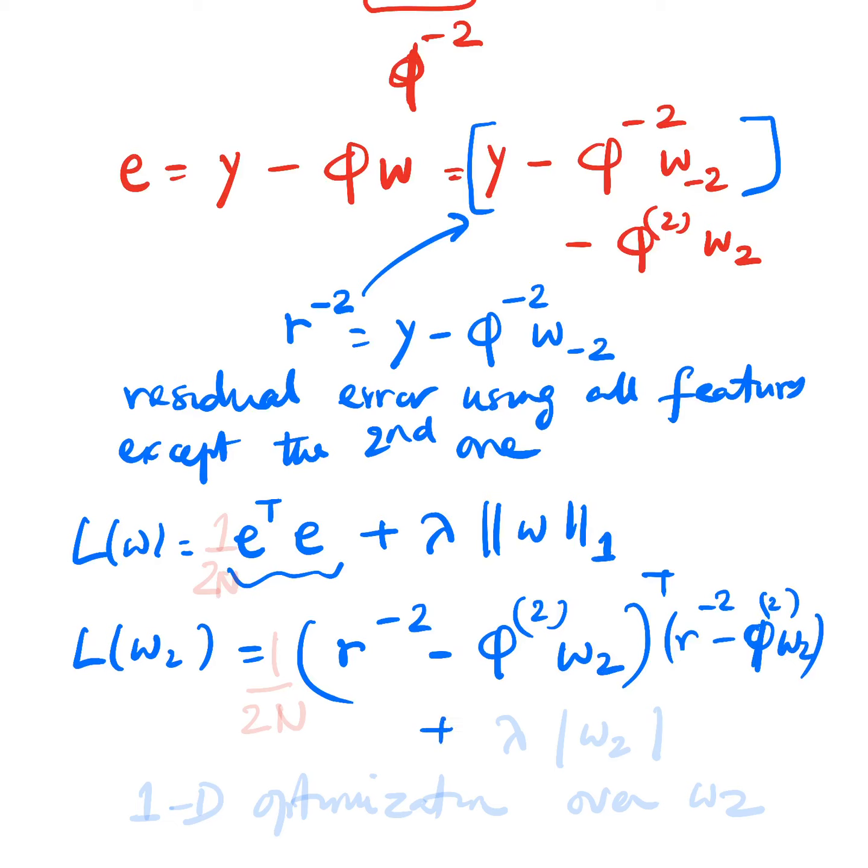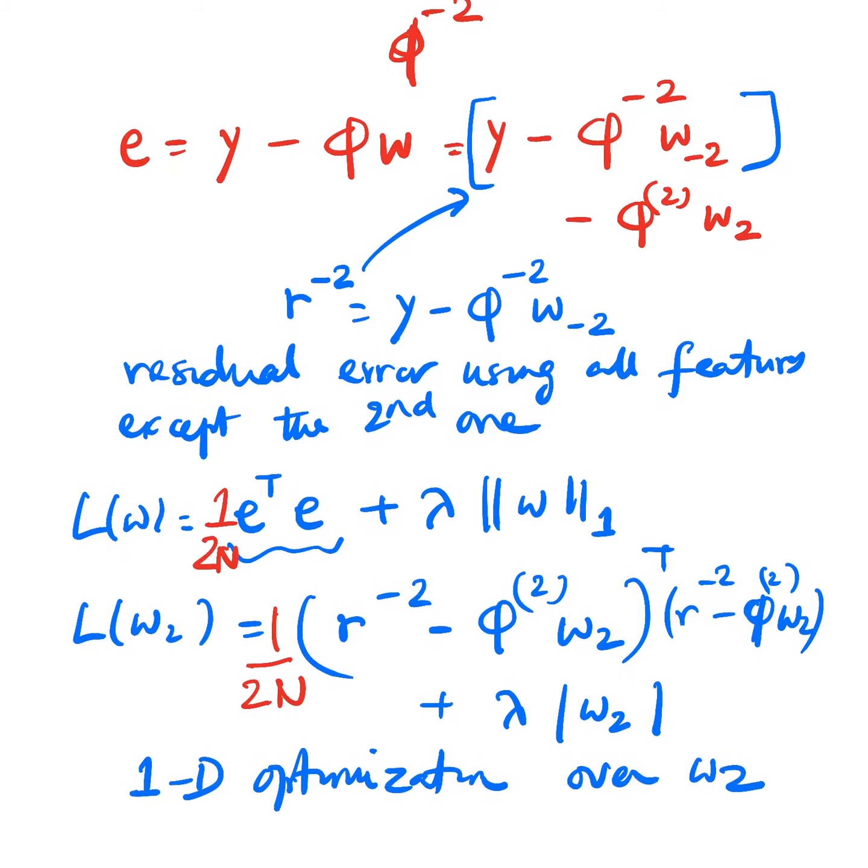And then if I've frozen all the other terms, then only the magnitude of W2 in this L1 norm term contributes to this. So this is a 1D optimization over W2. It becomes really, really simple. And remember that we had also done this nice normalization 1 over 2n there, so I'm going to put that back in there and back in there as well.